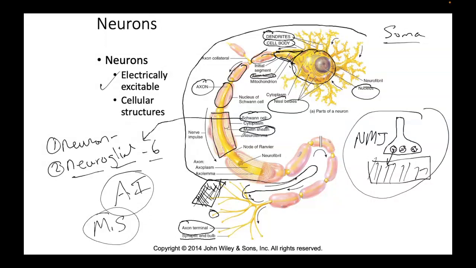And right in between, there's a little gap. That little gap, which is not myelinated, is called the node of Ranvier. It's that little gap between each Schwann cell. So that's a node of Ranvier.